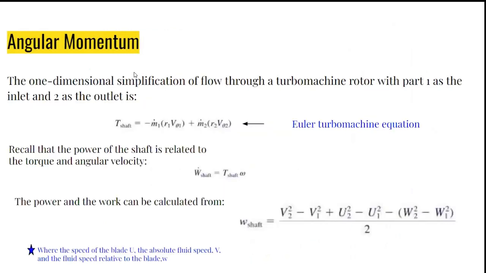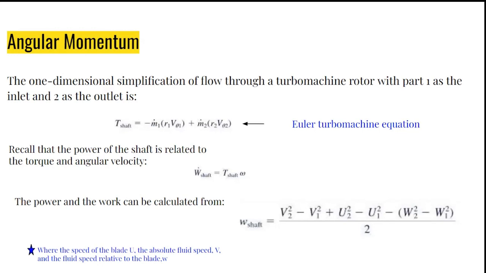The one-dimensional simplification of flow through a turbomachine rotor can be given, with 1 as the inlet and 2 as the outlet, by the Euler turbomachine equation, where the shaft torque is applied to the contents of the torque. As seen, the torque of the shaft is directly proportional to the mass flow rate and also depends on the tangential velocity.